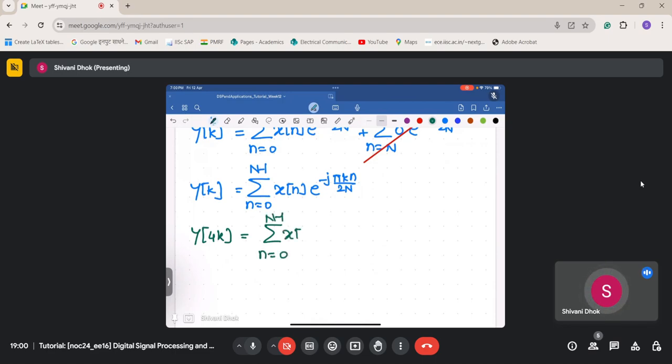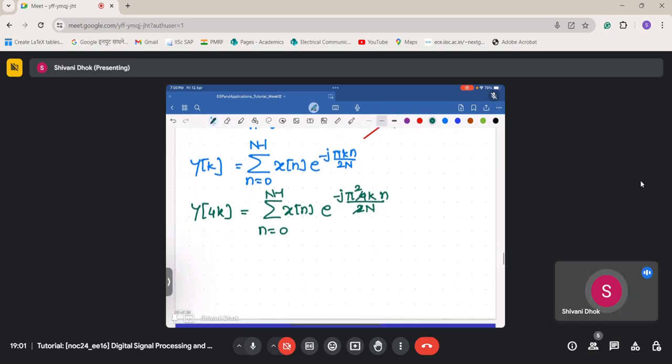This x[n] also remains as it is, since it's not a function of k, into e power minus j pi, where k n is replaced by 4k into n by 2N. This gets cancelled, and now we have the summation n running from 0 to N minus 1 of x[n] into e power minus j 2 pi k n by N.